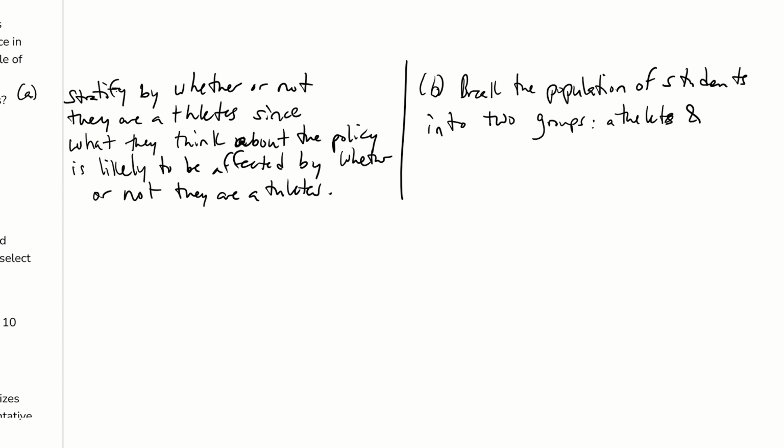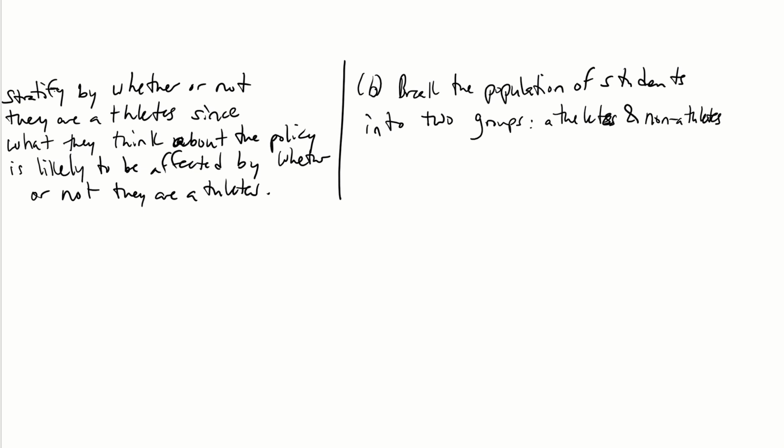Athletes and non-athletes. Select an SRS, a simple random sample, from each group.